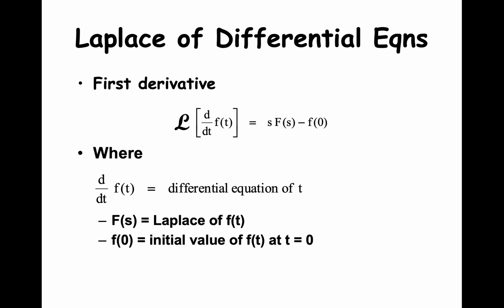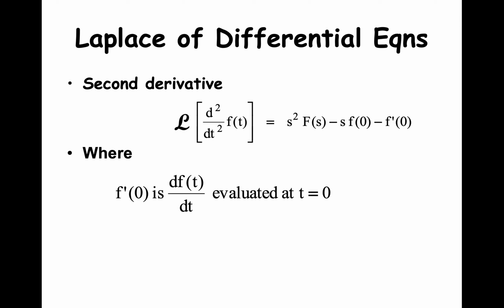So if our equation has a first-order differential term with respect to time, the Laplace transform is s times the Laplace domain function F(s) minus the value of f(t) at time 0. We need to know what the function is at time 0.